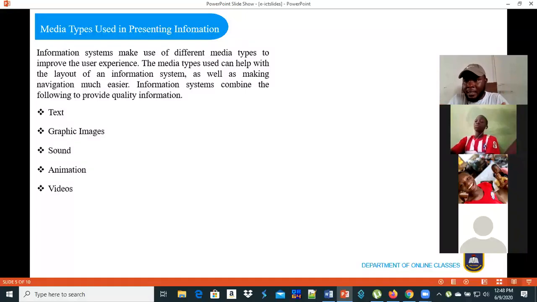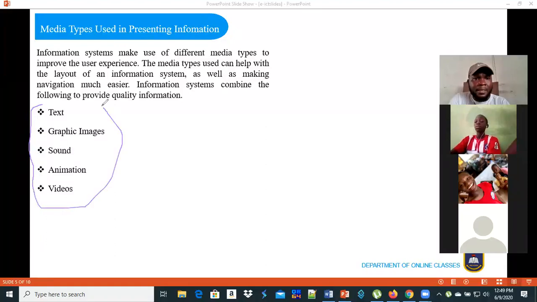Sound. So these are the types that are used in presenting information. And then you can combine all of these types to give you what? Quality information. So we can give information via text by just writing and then reading for the person. Or you can give information not necessarily by text.